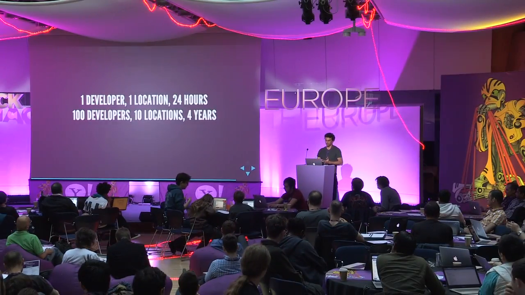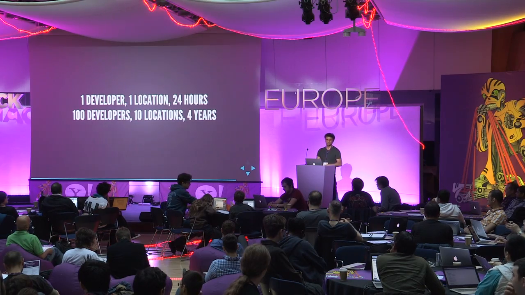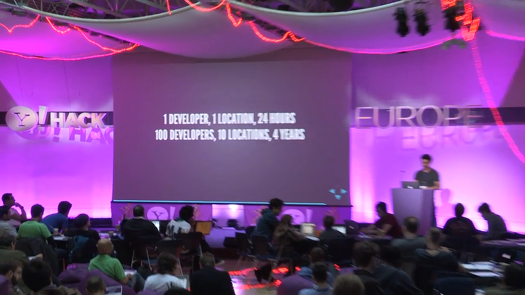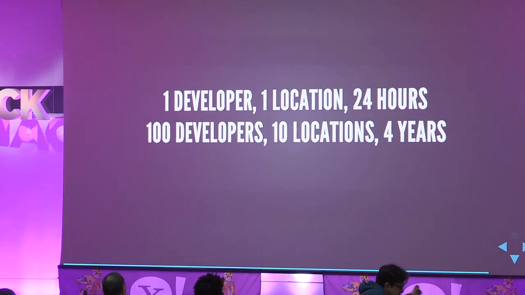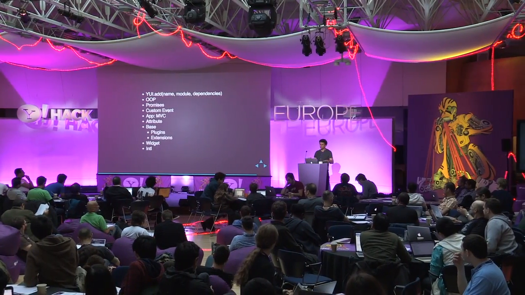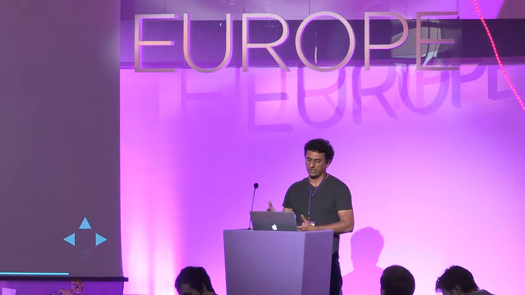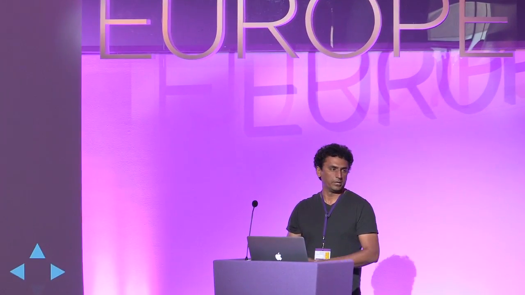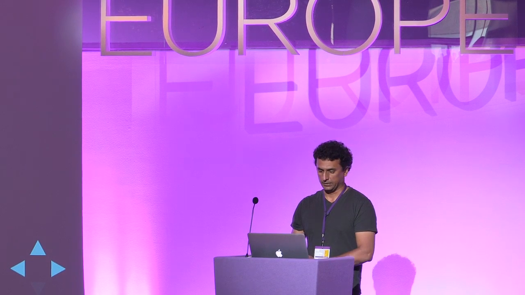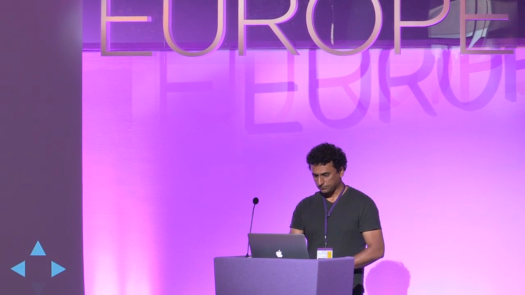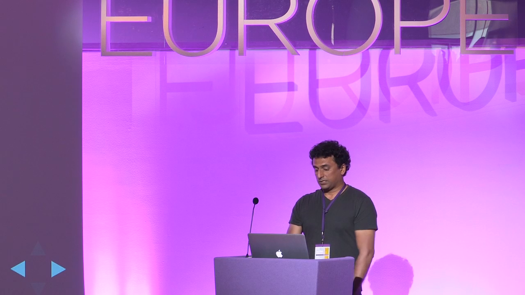So taking that implementation and extending it into a long-term maintainable product, essentially, which you can use across developer groups, across locations, and you have a maintainable code base to work with. And there's a bunch of stuff all centered around there, which I won't get into today, but if you're interested in any of that stuff, again, feel free to ping me as I'm walking around, and we can get into some details of that stuff. I think that's about it.